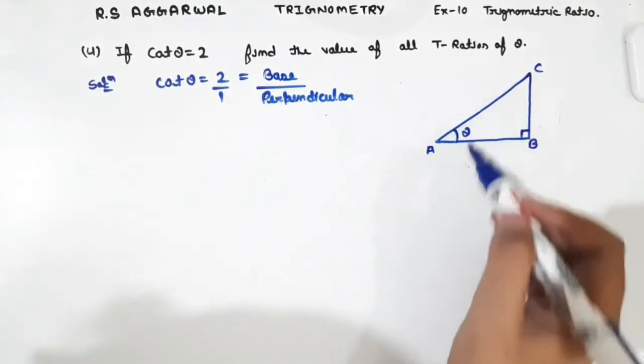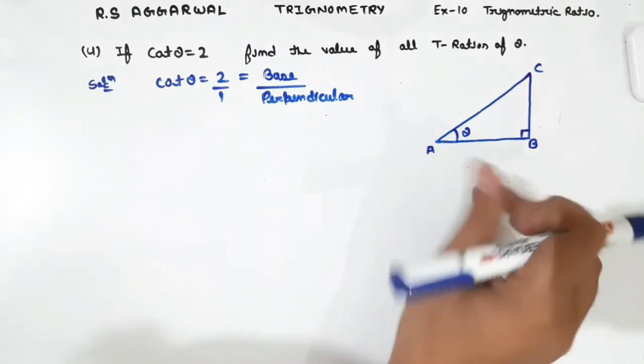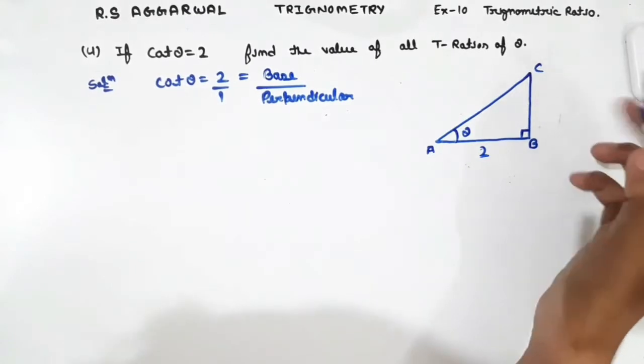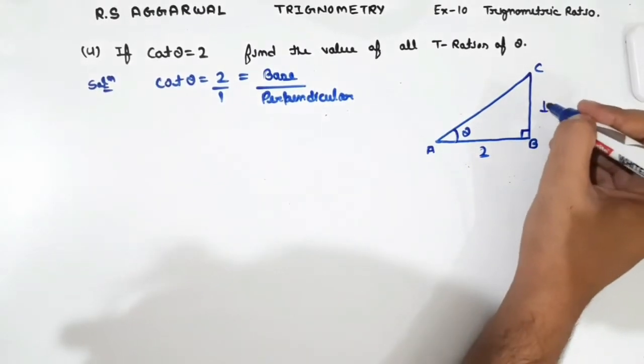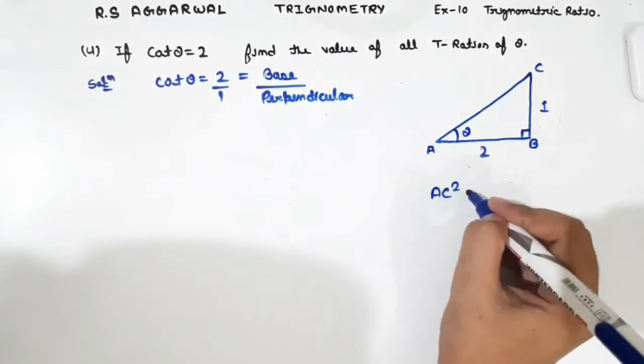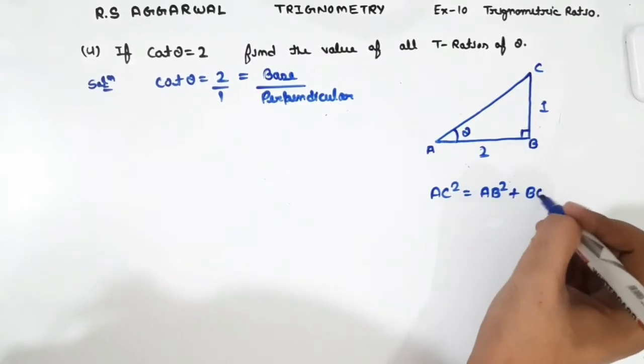So in this right angle triangle with respect to theta, our base will be AB, that is 2, and BC will be perpendicular, that is 1. So AC square equals AB square plus BC square.